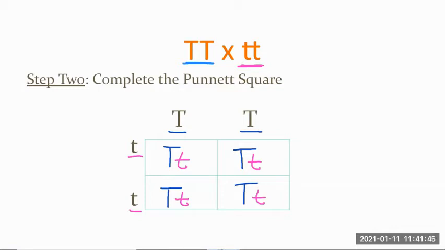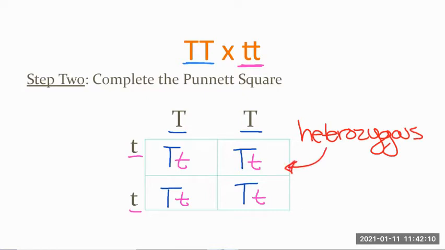All right, when we cross a homozygous dominant with a homozygous recessive, we now get all heterozygotes, or heterozygous offspring. Bam. That is the way to complete a Punnett square. That's just how to make a Punnett square.